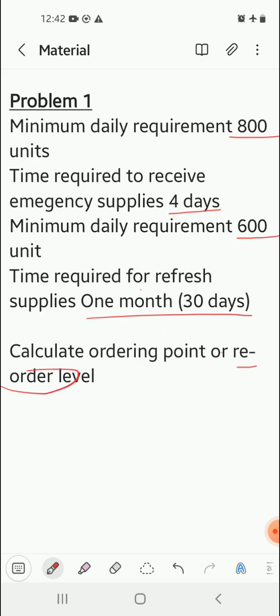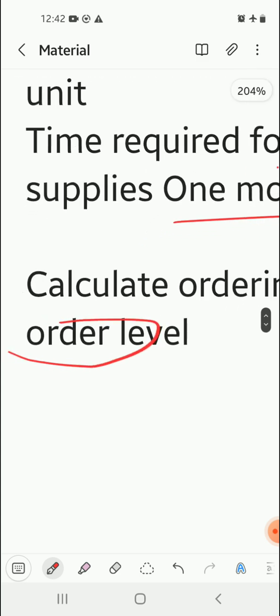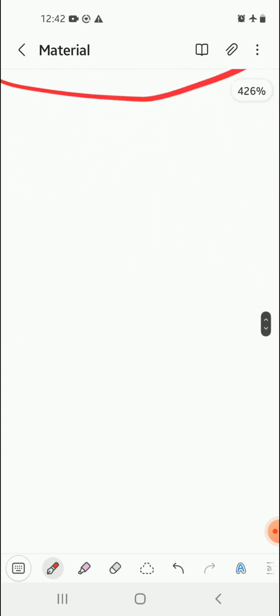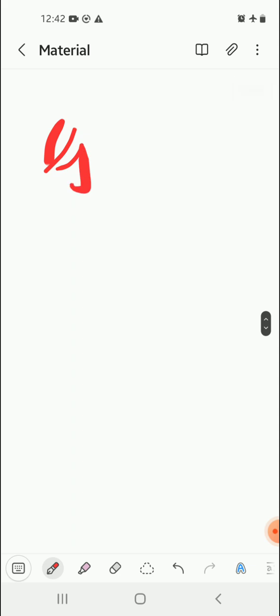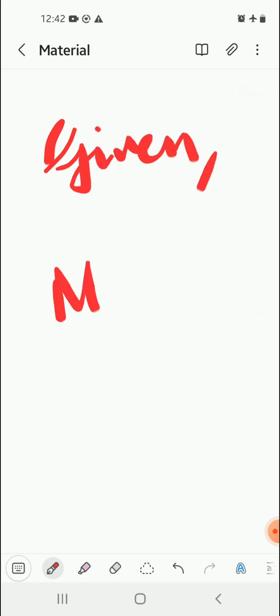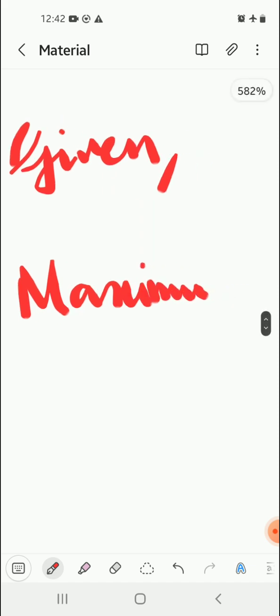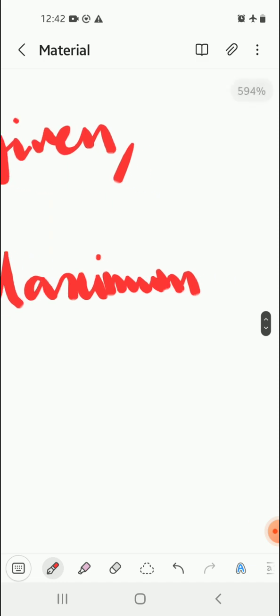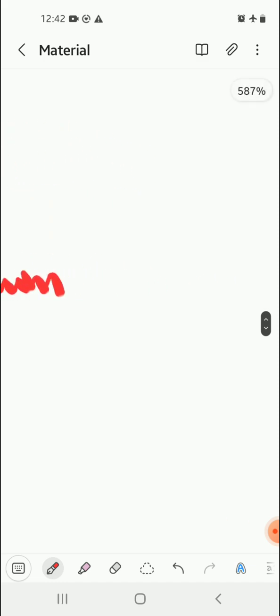Now, in order to do this, first we have to write the formula for reorder level. Two things are required: given two pieces of information, we have to find out, first, the maximum daily, weekly or monthly, whatever demands that we have.